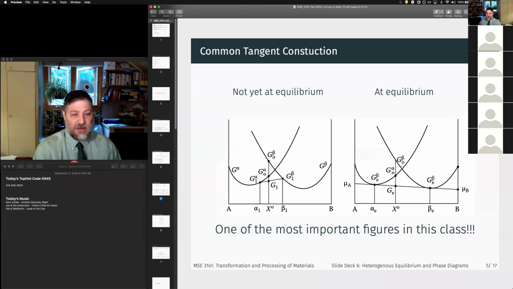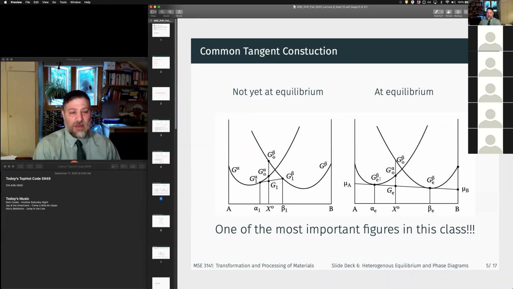This point here is definitely not equilibrium, because G is not minimized. That just tells you where the free energies of the individual curves are equal to each other, and it has no significance overall. Okay, just wanted to clarify.